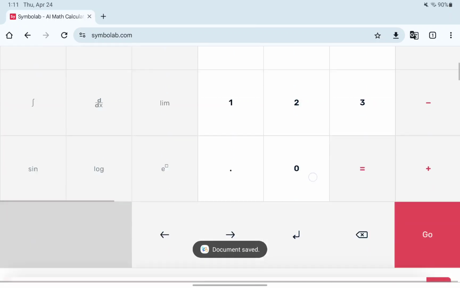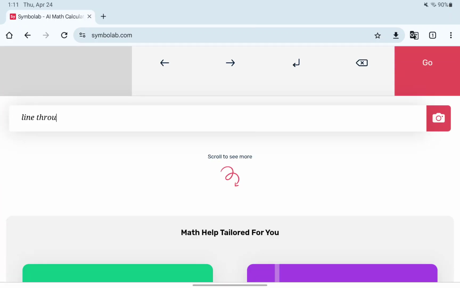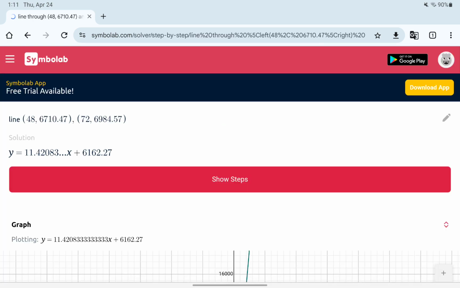To do that in Symbolab, we'll use that command line through again. We'll plug in our x value and its corresponding y value, or total cost value. And then do the same for the second coordinate pair. And hit enter or press go to construct that equation.